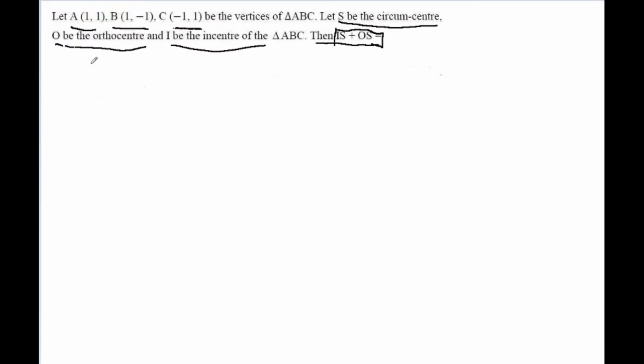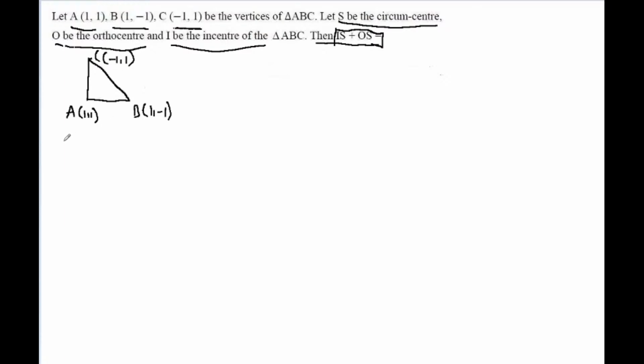So here the triangle is given, that is triangle A (1, 1), B (1, minus 1) and C (minus 1, 1).